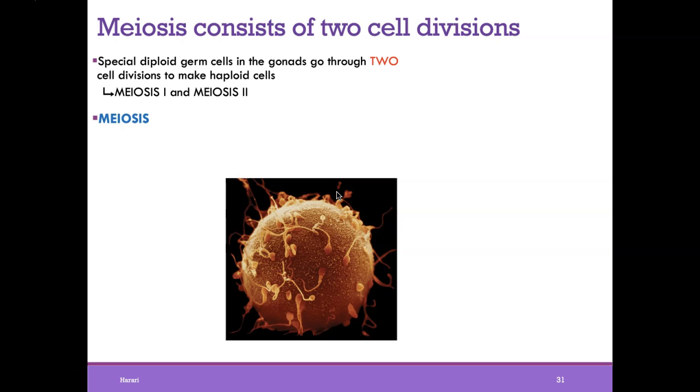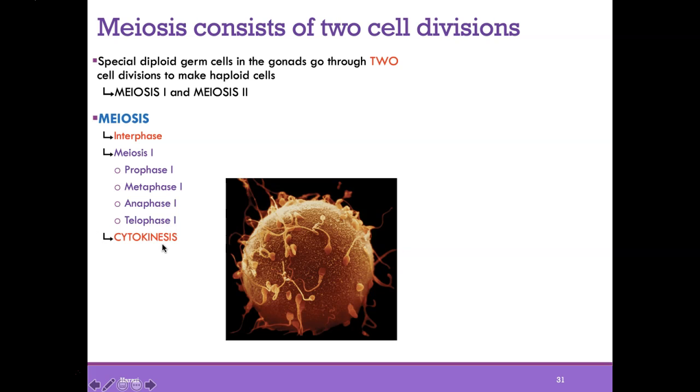Meiosis has the same steps as mitosis. Meiosis will start with interphase, and then we have meiosis I, which consists of prophase I, metaphase I, anaphase I, and telophase I. We don't use prometaphase as a note. So in meiosis I we have PMAT, prophase, metaphase, anaphase, telophase, and then cytokinesis.